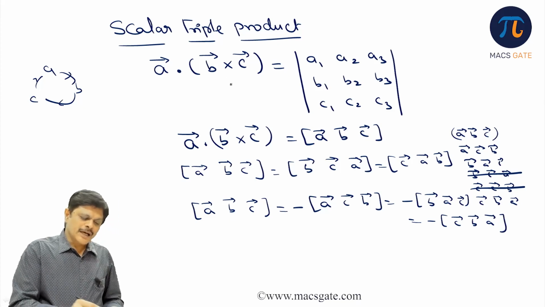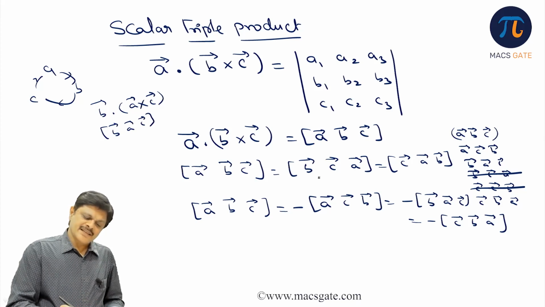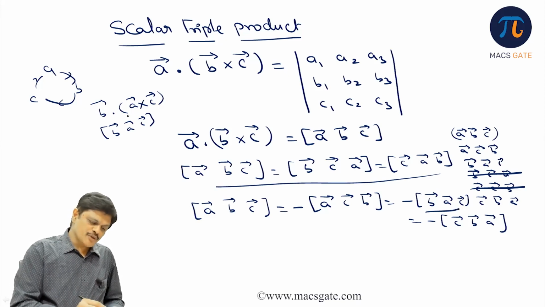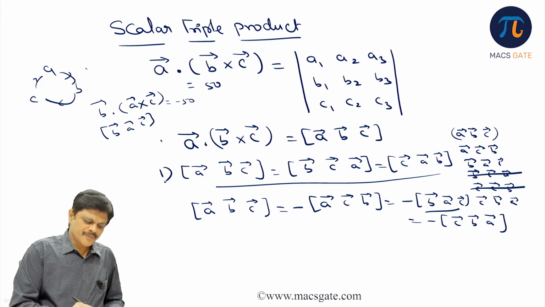Suppose you know the answer for A dot B cross C, but they ask something like B dot A cross C. Again, you don't have to solve this problem. This is BAC, which is in the minus list. So if A dot B cross C has the answer 50, then B dot A cross C will have the answer minus 50 directly by these rules. We can just remember them as rules.